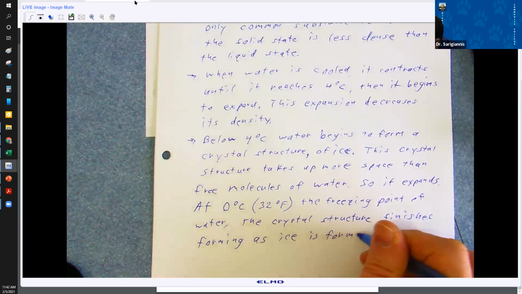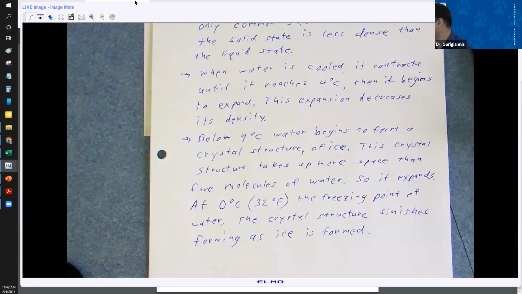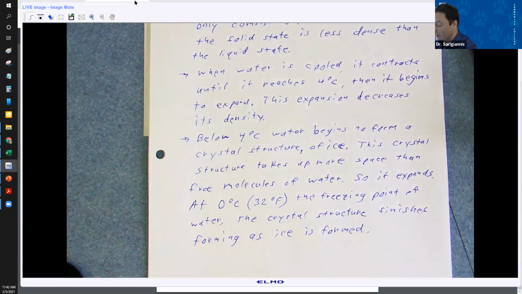There's no real good way to say that. I mean, obviously it's forming ice as it forms this crystal structure, right? So this is what's happening as ice is formed. Normally the molecules of water can fit closer to each other than its crystal structure. Again, this is not the normal case for most materials.